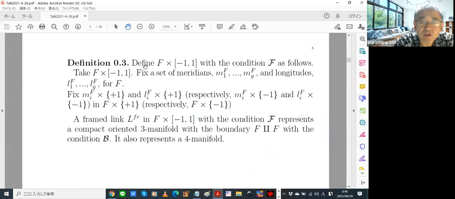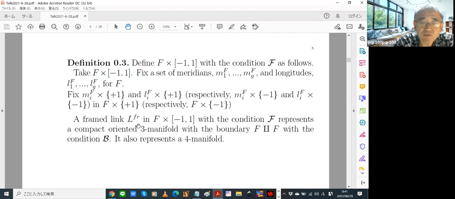Definition 0.3, define F cross interval with the condition F as follows. Fix a set of meridians and longitude for F, and longitude cross plus 1 and longitude cross minus 1, meridian cross plus 1, meridian cross minus 1. We fix meridian longitude for each boundary.